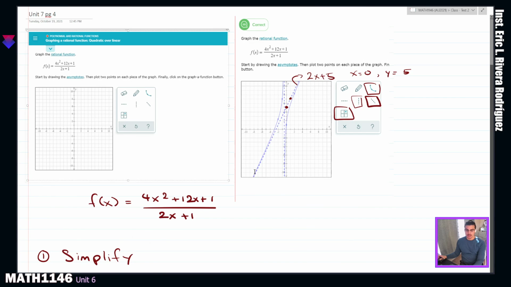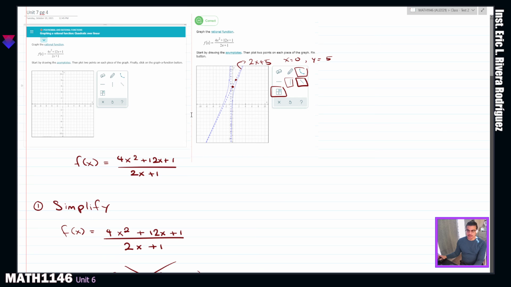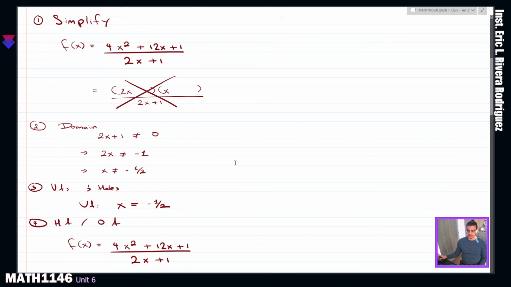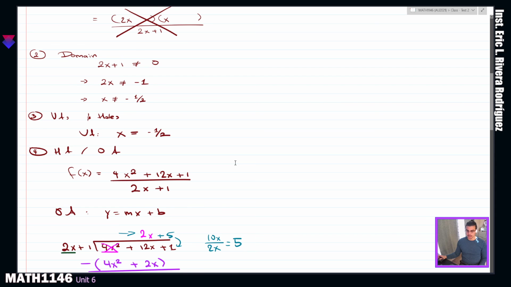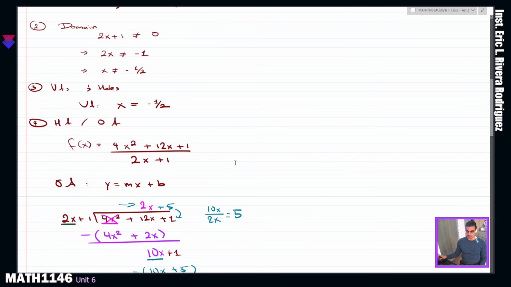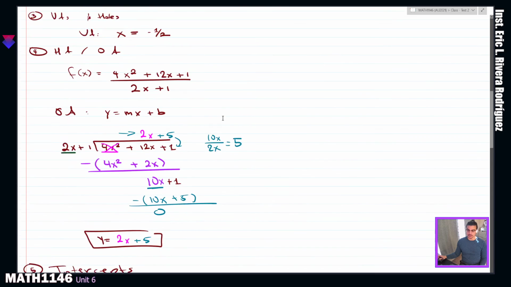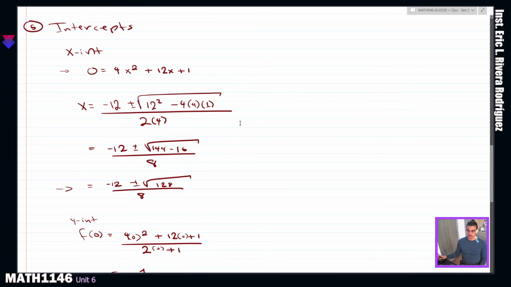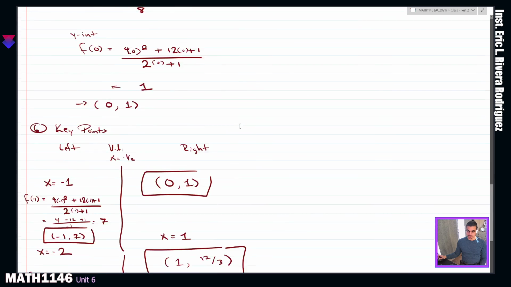Okay. For these exercises, where you need to draw the graph of the rational function, this is the written work. This one is a lot of work, but this is all the written work that you need to do for graphing the rational function.